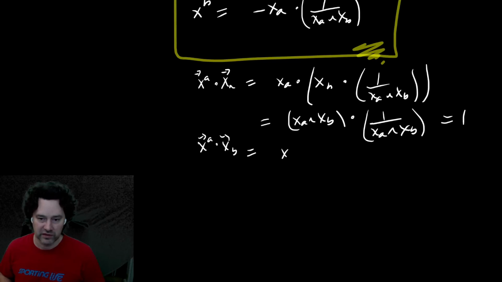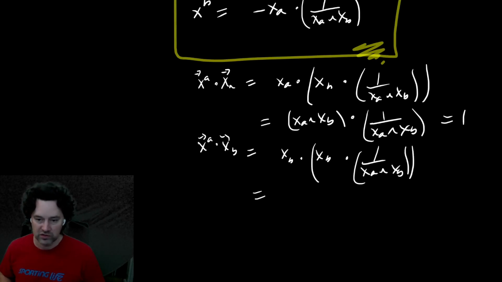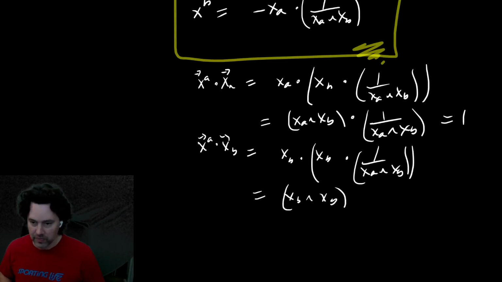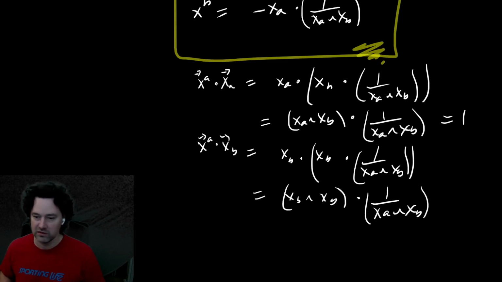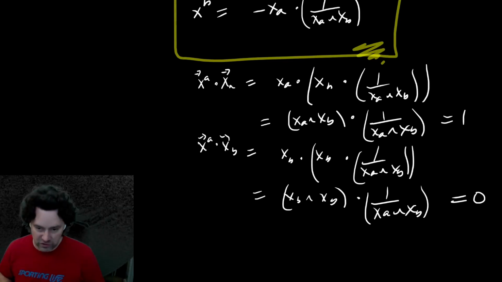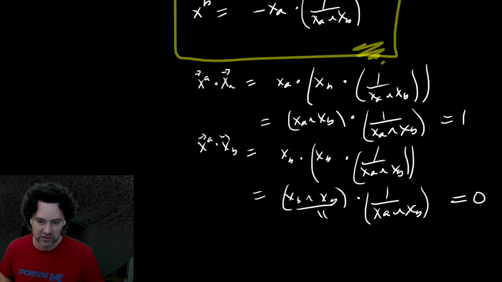And similarly, let's say we take xa and dotted with xb. Well, we have xb dotted with xb dotted with xa wedge xb, which is just xb wedged with xb dotted with 1 over xa wedge xb, which is 0, because xb wedged with xb is 0.